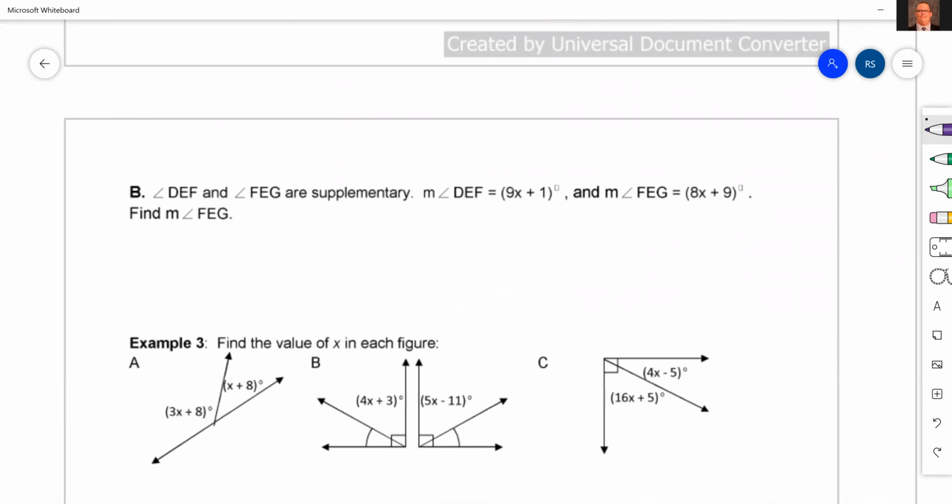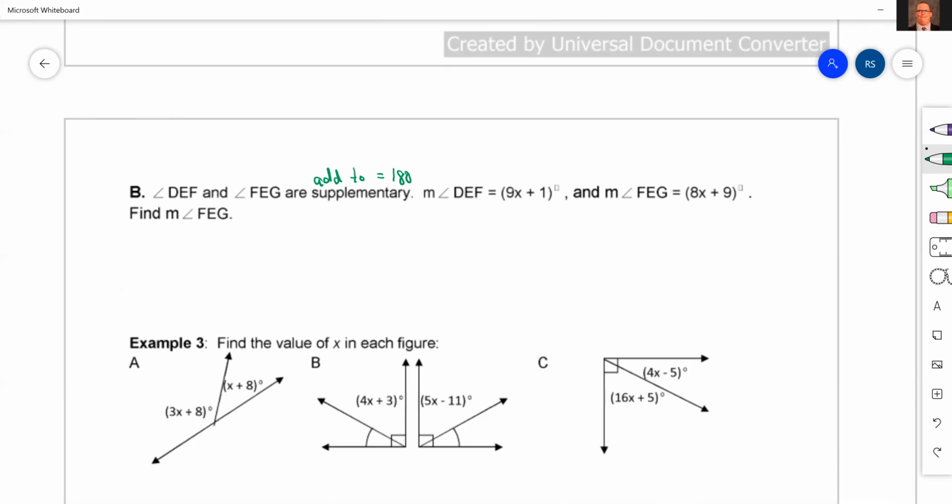It tells us that angles DEF and FEG are supplementary. What does supplementary mean? They add to equal 180. It says DEF is 9x plus 1. FEG is 8x plus 9.